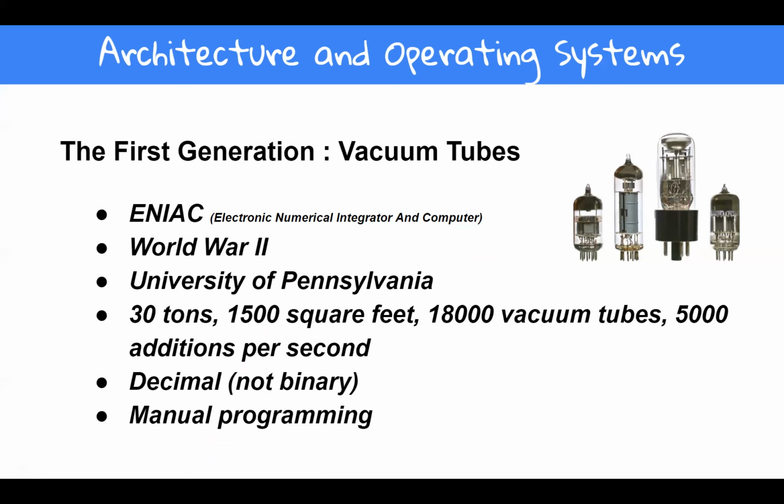They had to put the wire together from one tube to the other to be able to program. So this is called manual programming. But these days we don't do manual programming, because what we do is write code and the computer interprets that and creates the right circuit for that operation.